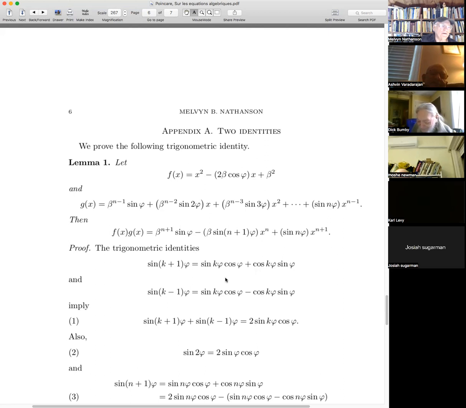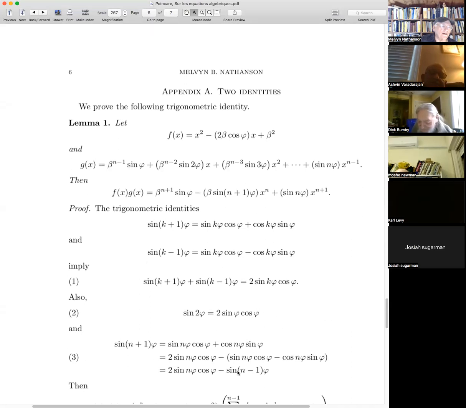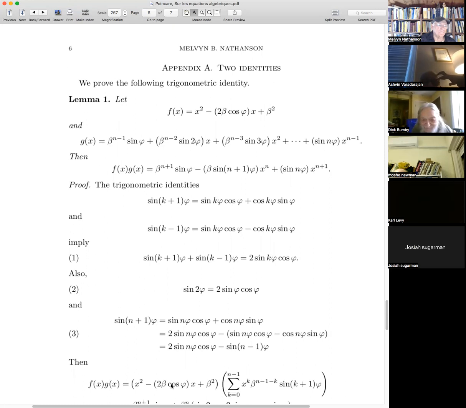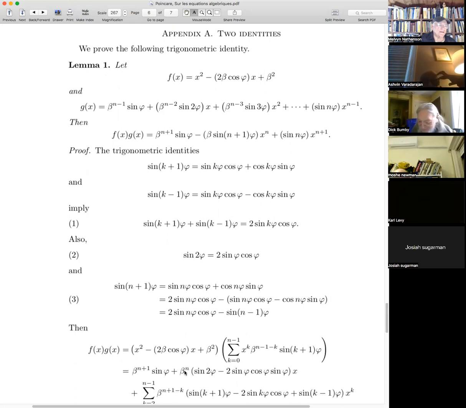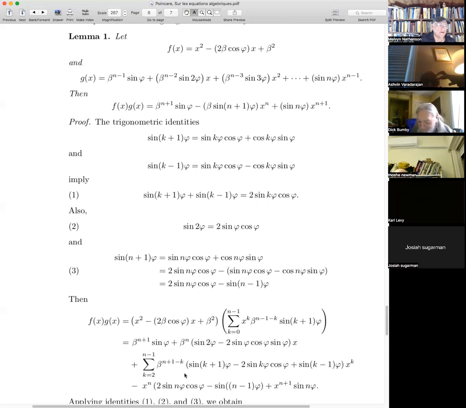If you add them up, you get some cancellation. You get something like this, and you have a double angle formula for the sine, and you get something that says sine of n plus 1 phi is... This is like the addition theorem, and then you play around and you see you get this, and somehow you put it all together.